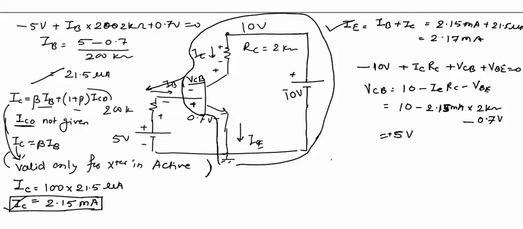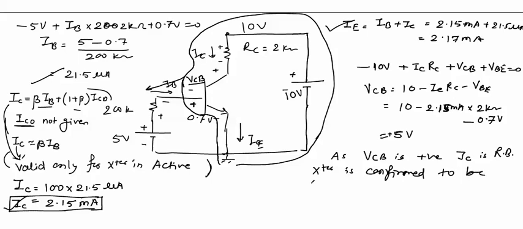We are getting VCB positive. So as VCB is positive, the collector junction is reverse biased. If the collector junction is reverse biased, the transistor is confirmed to be operating in the active region.